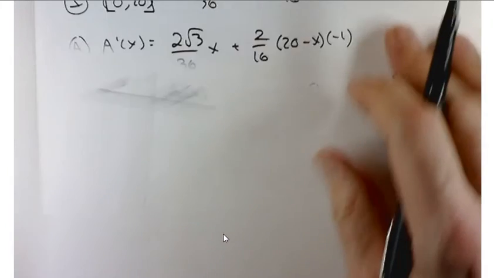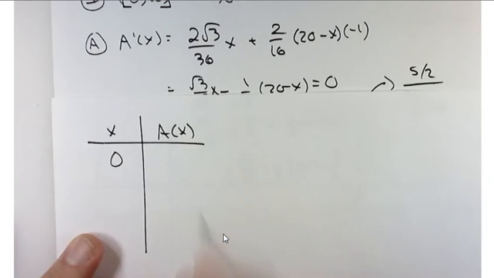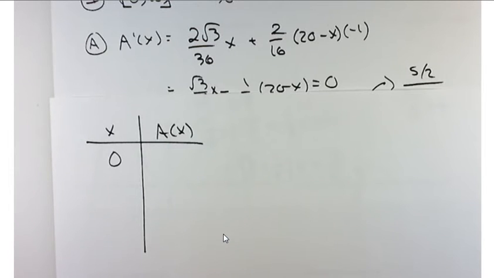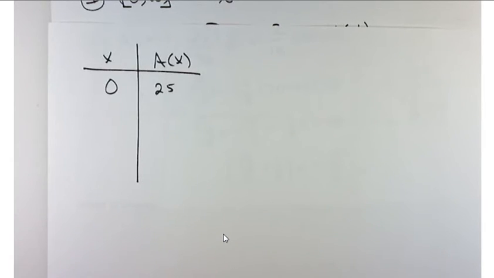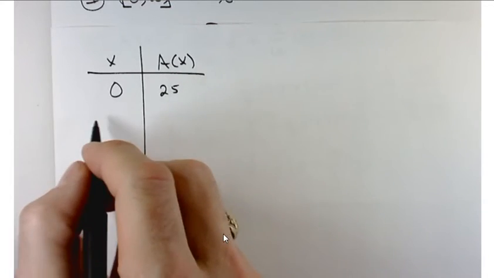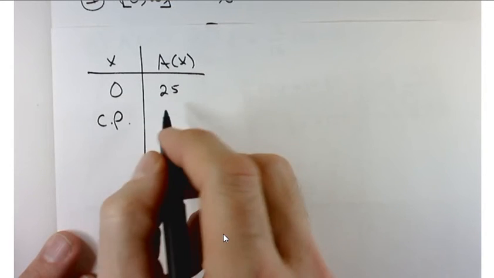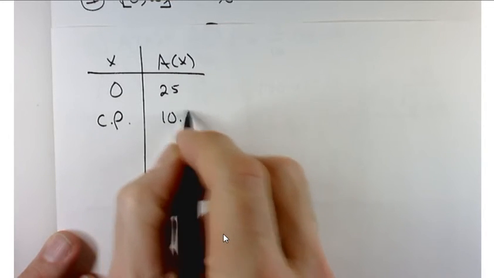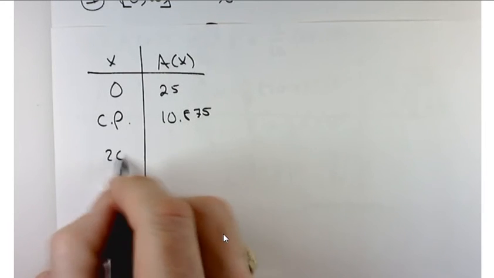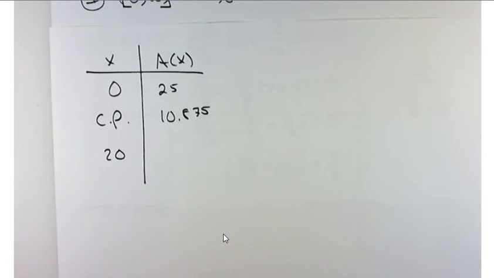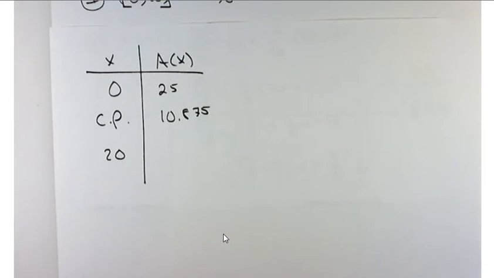5 squared is 25. So at x equals 0, meaning all the material goes to the square, you get an area of 25. At our critical point, I'm not going to copy it down, we get 10.875. And at the other extreme, what would this mean? If we put in x equal 20, it means that we're throwing all the material into the triangle.